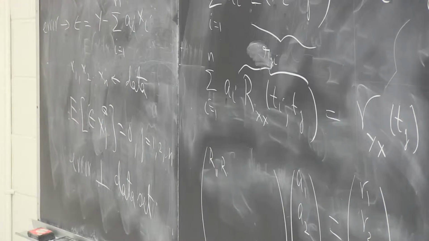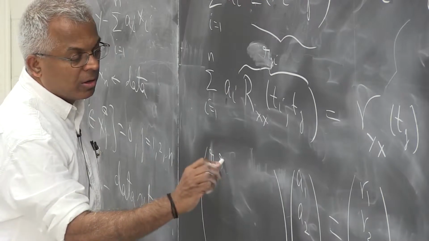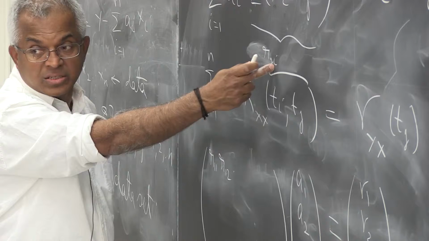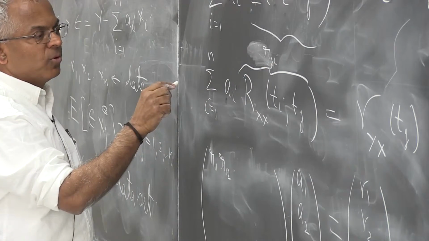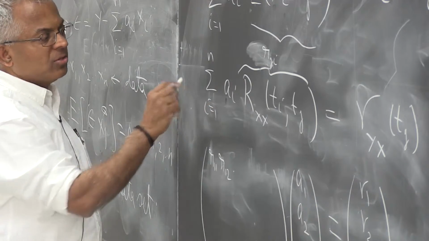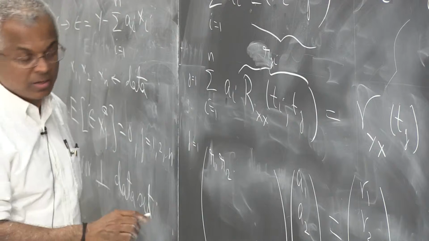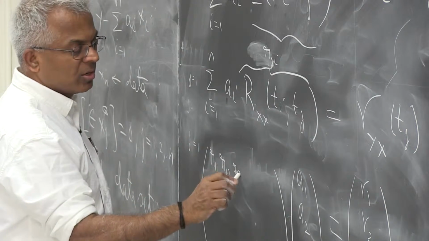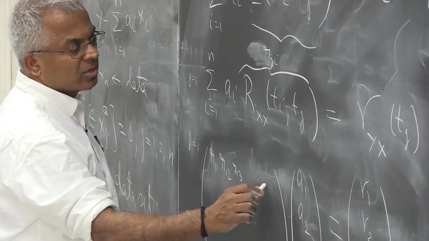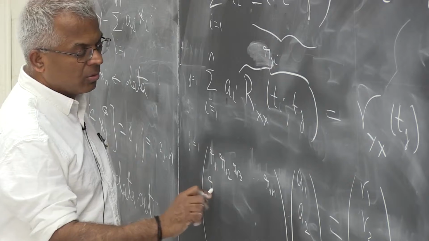Then this would be R11, R12, yes, because i is here. So do it first for j equal to 1. So this is R13, etc., R1n, then R21.